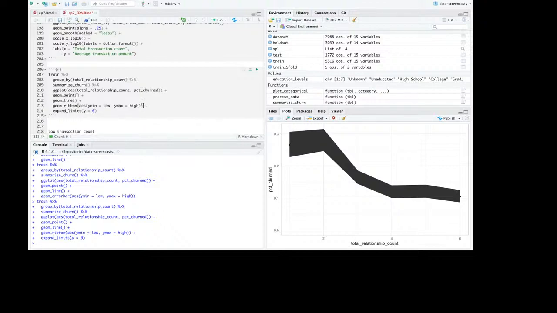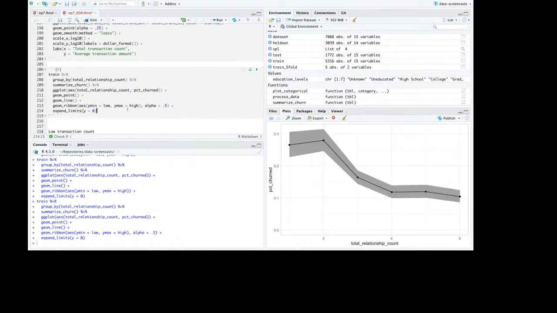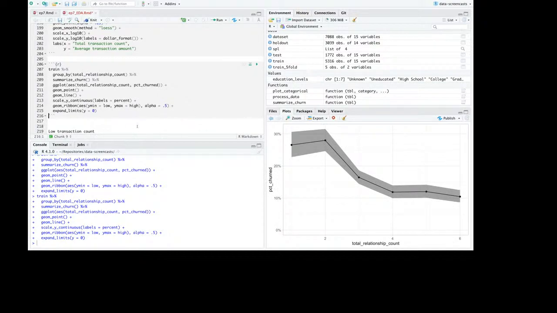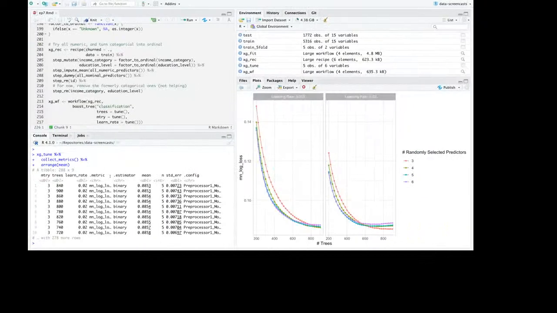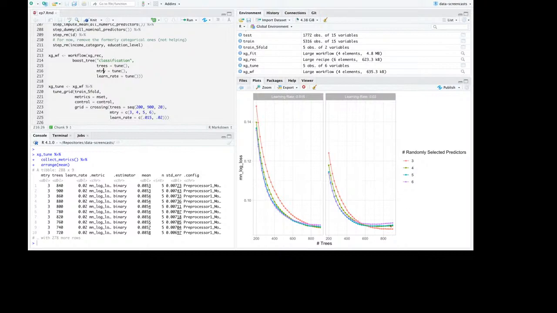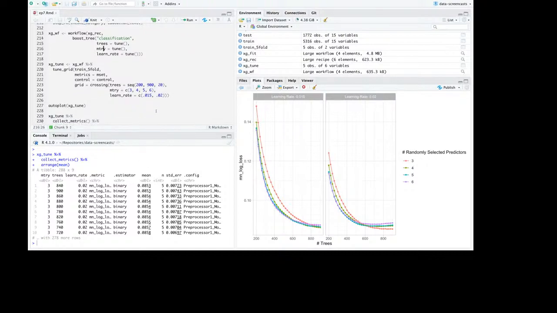Here we go. 3 on a higher learning rate is doing better so far. Okay, and what was that best? 853. That's pretty good.